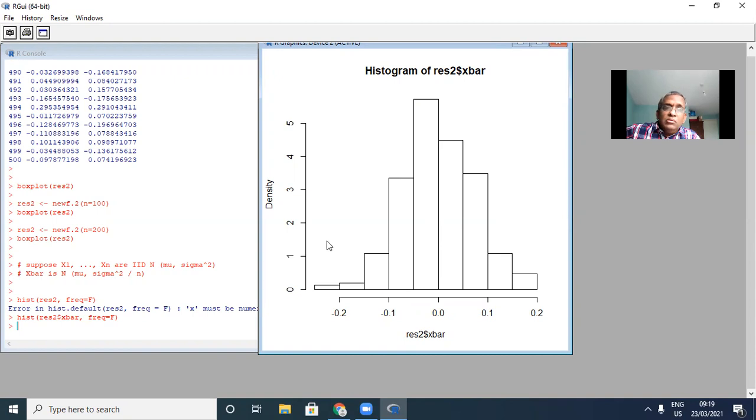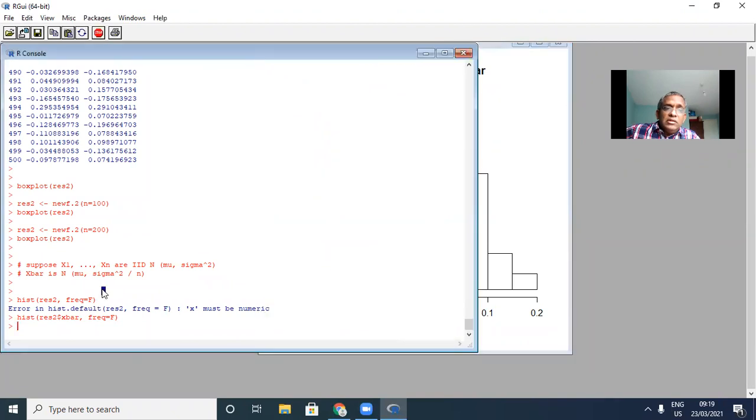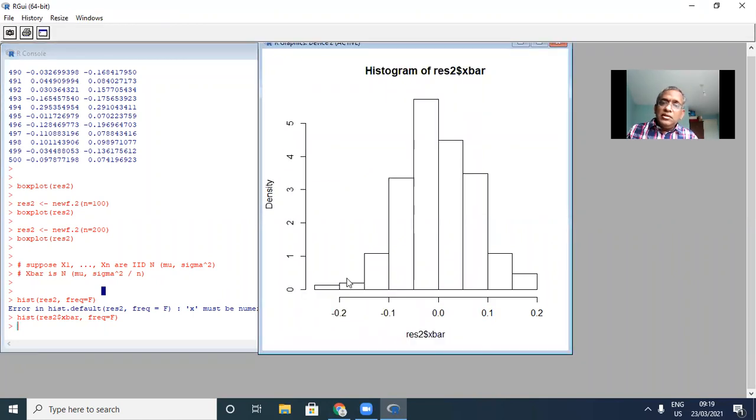Now, on top of this histogram, I'm going to plot the density of the normal distribution with mean mu and variance sigma squared by n. Remember, in this case mu is 0 and sigma squared is 1. So first I need to define the x range.